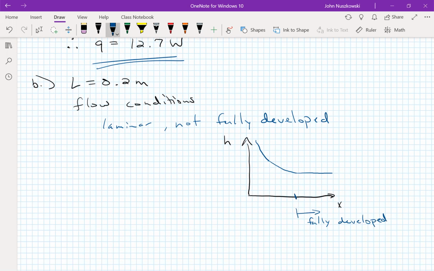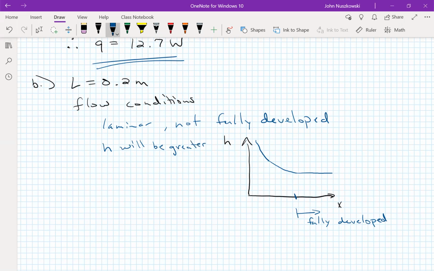So what do we think our h, our convection coefficient, is? It'll be high. Yeah, it's going to be higher, right? So while we're not fully developed, our h is higher. Greater.